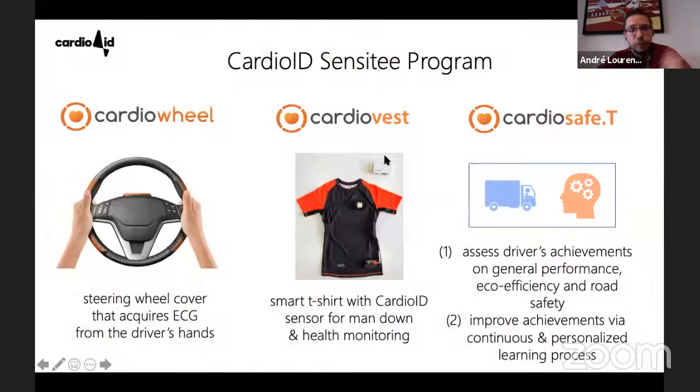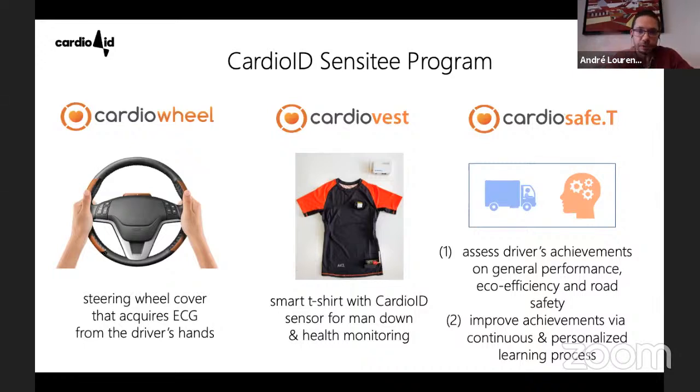And so I will present here some projects relating with the industry. One of them is entitled Sensity, and it's a project where we include our steering wheel cover, which is this CardioWheel. It's our first product, which is a steering wheel cover that can be retrofitted on existing vehicles, and that enables the acquisition of ECG when we are interacting with the steering wheel.